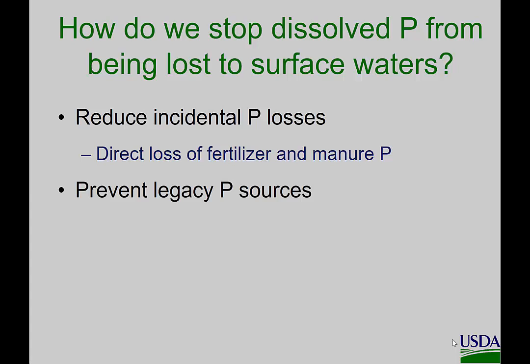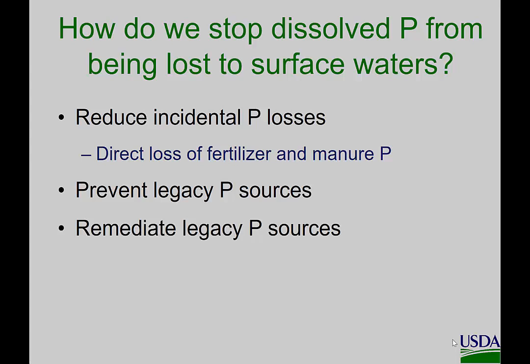But legacy phosphorus is a bit more tricky. By legacy phosphorus, I'm referring to soils that get built up very, very high in phosphorus. Even when we do everything else right, and we can eliminate erosion 100%, if those soils are built up in soil test phosphorus, they can continue to leak a little bit of phosphorus over time. And while phosphorus is mostly immobile, if the soils get built up high enough, a tiny amount will be released with flow events. And that tiny amount is enough to cause eutrophication problems, as you all well know, in the Chesapeake Bay watershed.